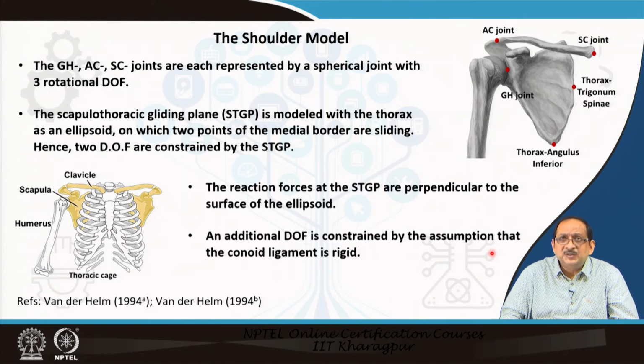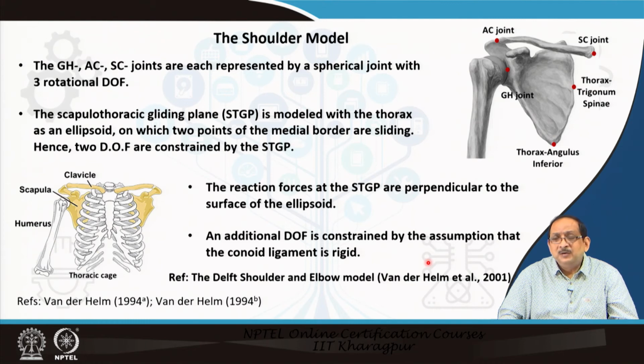The reaction forces at the scapulothoracic gliding plane are perpendicular to the surface of the ellipsoid at these 2 points. So, it applies constraints at these 2 points along the perpendicular direction to the surface of the ellipsoid. An additional degree of freedom is constrained by the assumption that the conoid ligament is rigid.